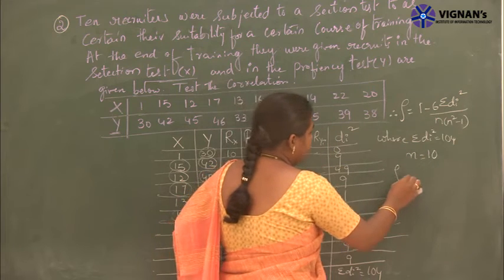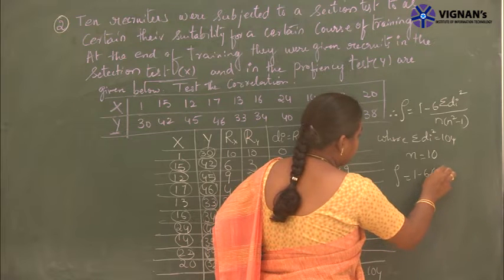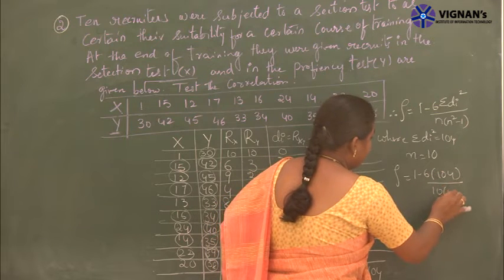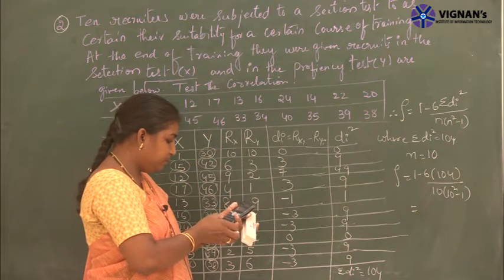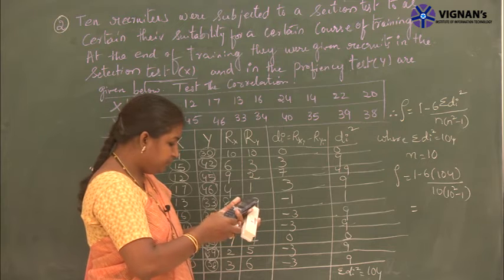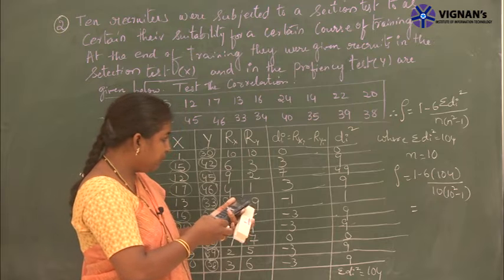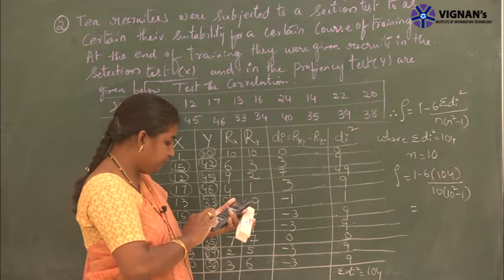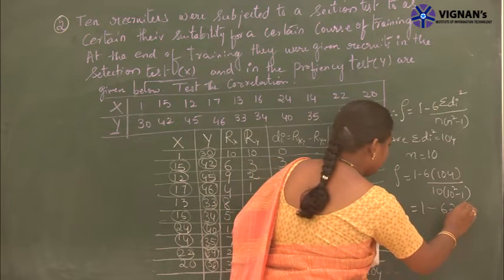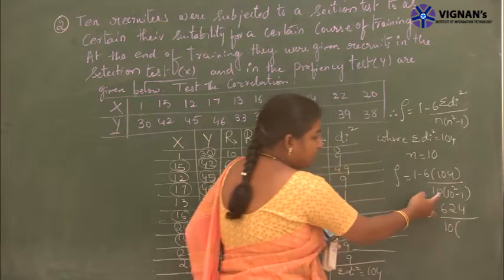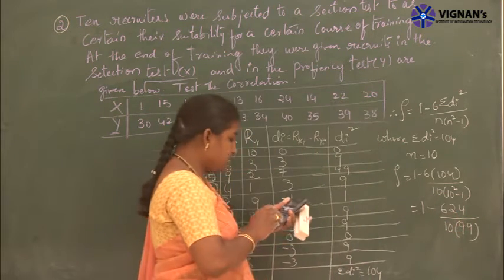Substituting here, we get rho equal to 1 minus 6 into 104 by 10 into 10 square minus 1. Simplifying this, 10 square is 100, minus 1 is 99. Now we are simplifying.